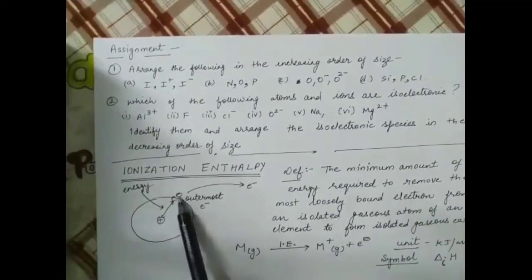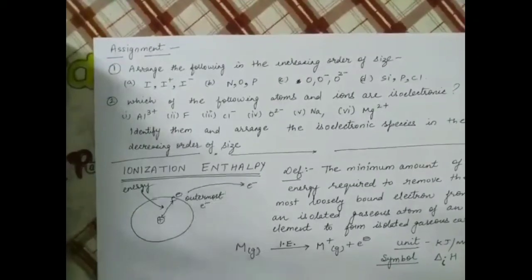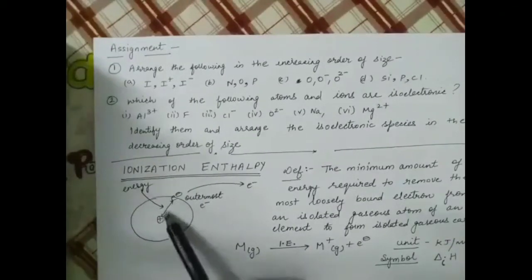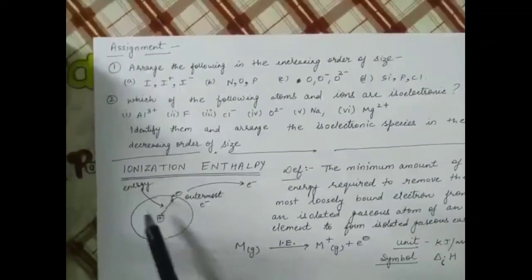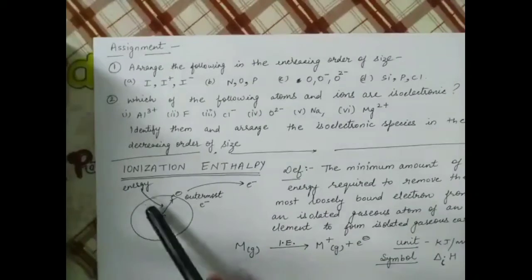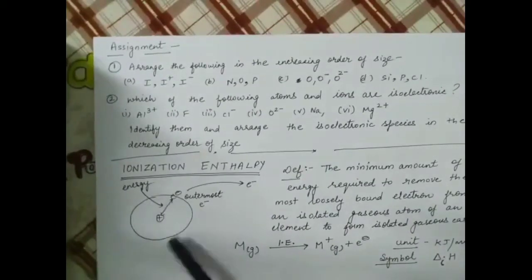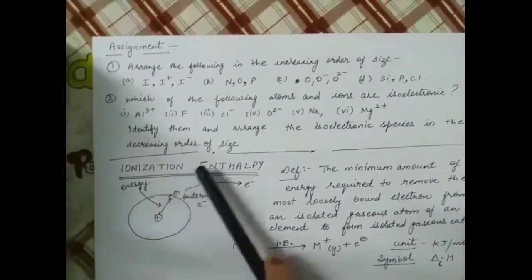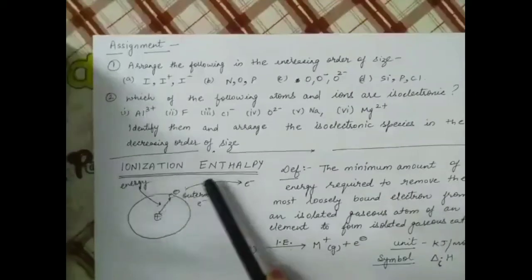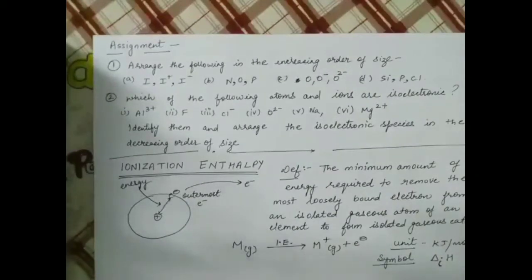Now, suppose I want to remove this electron out of this atom, completely out of the atom, what do we have to do? We have to break this force of attraction. And for breaking this force of attraction, we have to supply some energy. And this energy which we are supplying to remove the electron from this atom is known as ionization enthalpy.